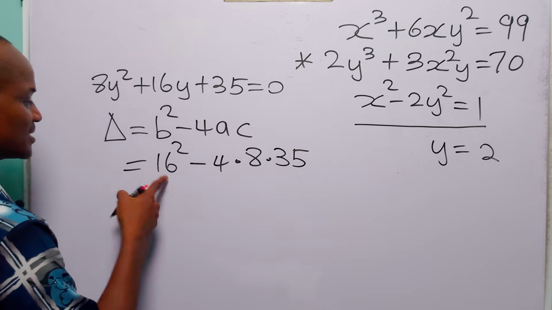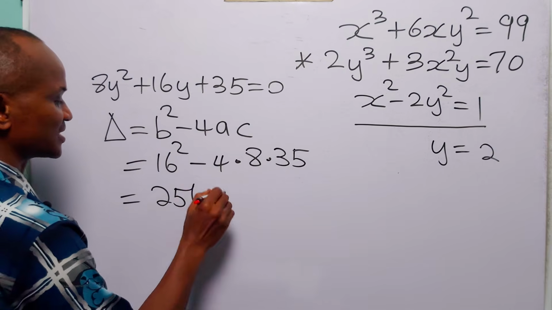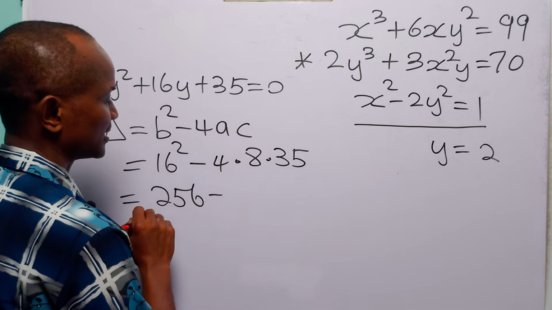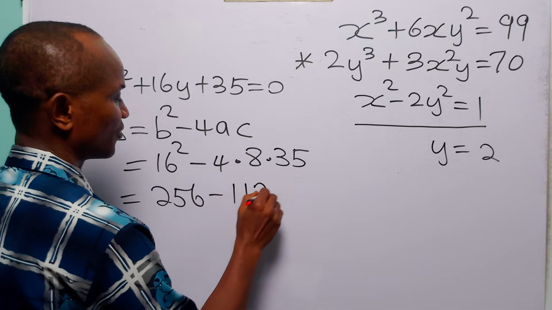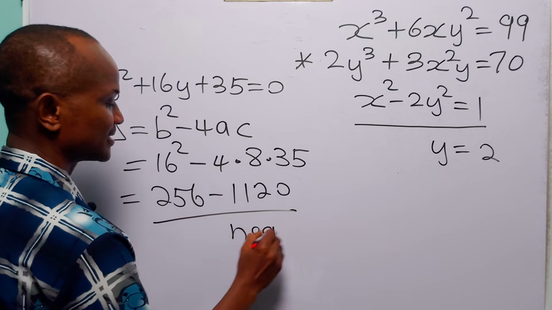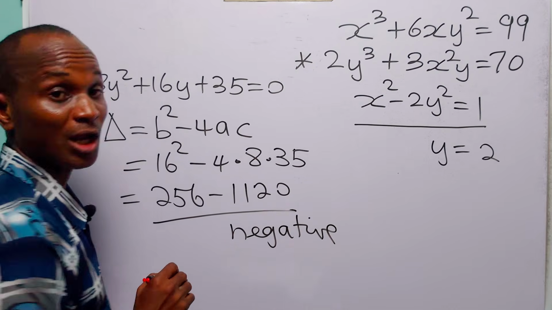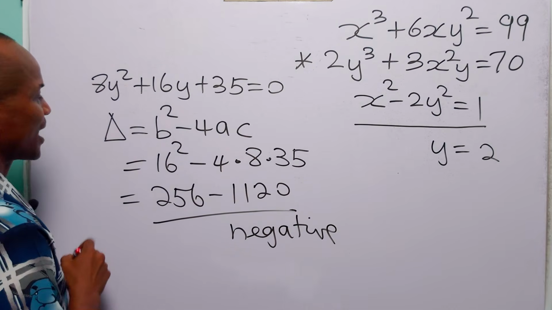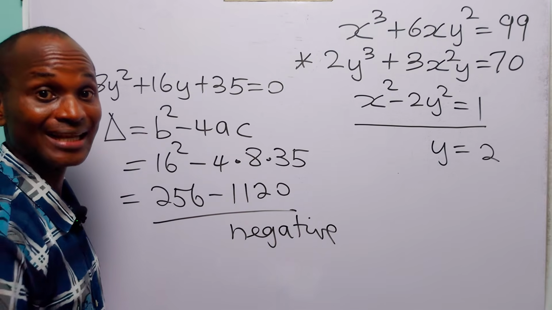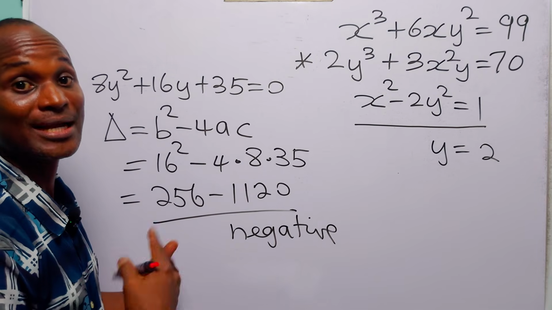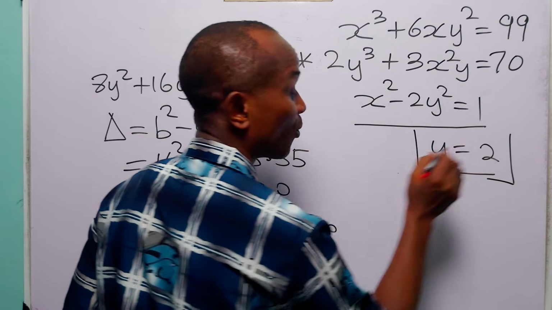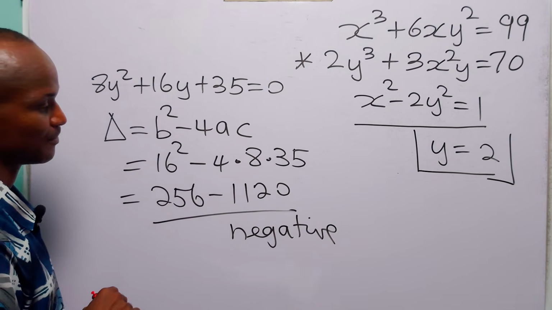Now this is equal to 16 squared is 256 minus 4 times 8 times 35 is 1120. Of course, you know that this is a negative quantity. And you know that when the discriminant of a quadratic equation is negative, then that quadratic equation has no real roots. So the only real value of y we have is y equal to 2.